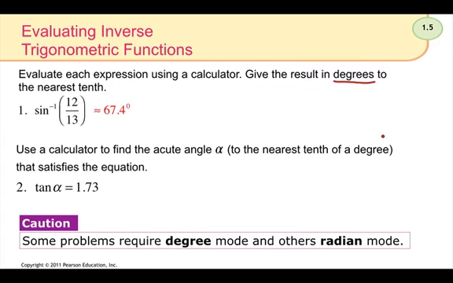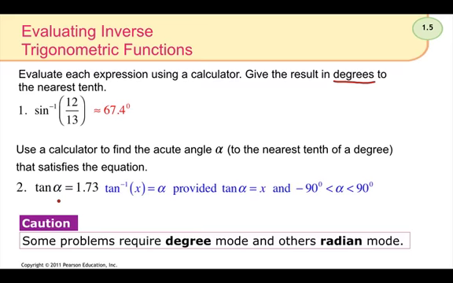It says use a calculator to find the acute angle alpha to the nearest tenth of a degree that satisfies the equation. So for number 2, you need to find an angle that gives you 1.73, working with the trig function of tangent. So again, I'm looking for an angle, so I know I need to work with the inverse function of tangent.